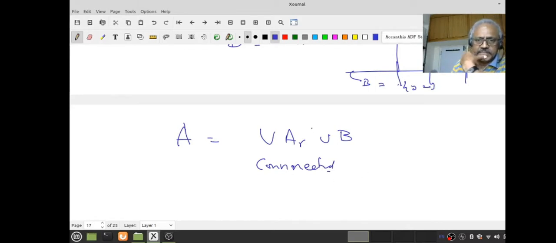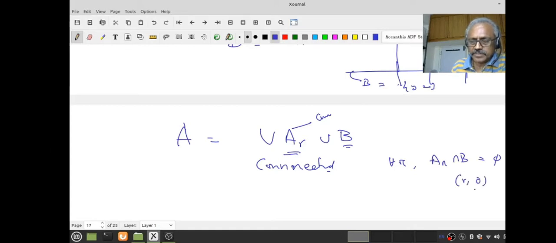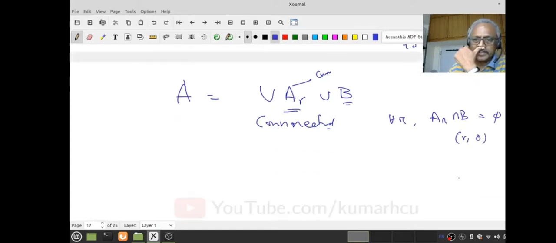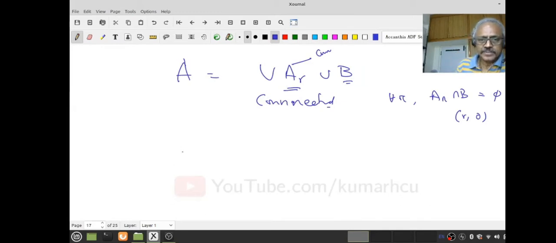It is connected because each Ar is a line, therefore it is connected. But remember, when r and s are different, Ar and As have no intersection. But B intersects each Ar. For every r, Ar intersection B is not empty, namely it contains the point (r, 0). You follow that? Therefore A is connected.